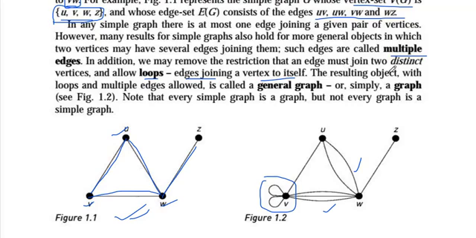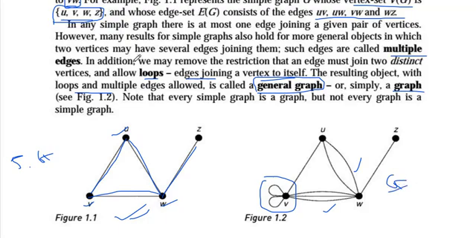So the resulting object with loops and multiple edges is called a general graph, or simply you can say a graph. But this is called a simple graph, and this one with multiple edges is called only a graph or general graph. So this is simple, with only one edge and no loop, and for loops and multiple edges we call it a graph.